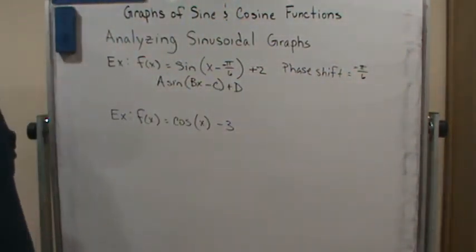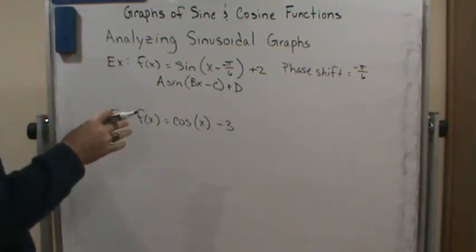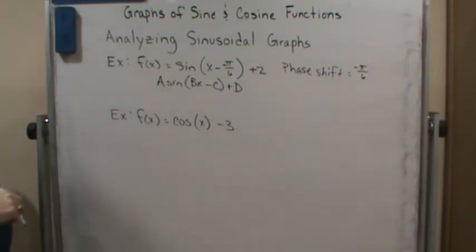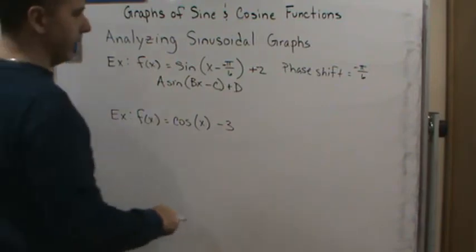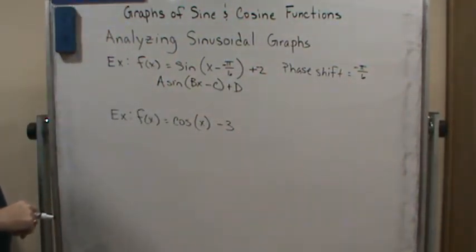Or it's a horizontal shift to the what? To the right, pi over 6 units. Okay. And also it's a vertical shift down 2 units.